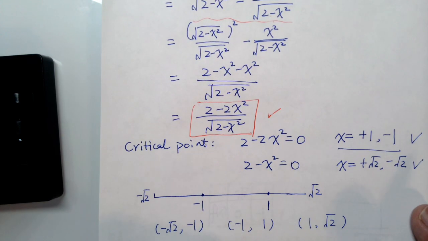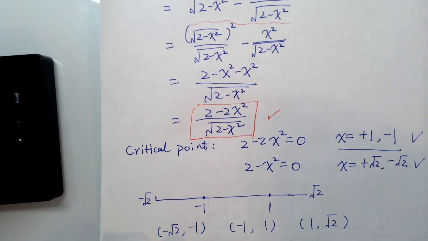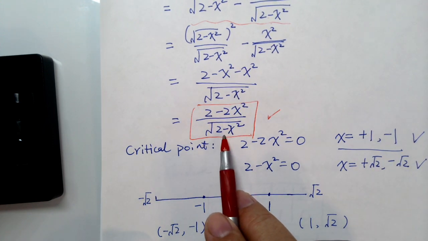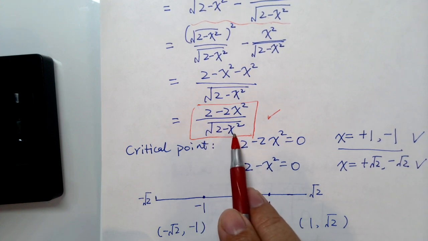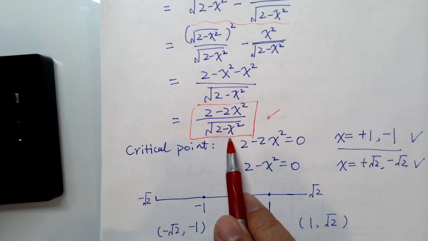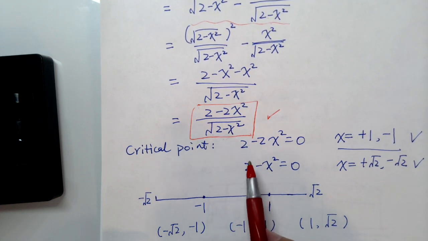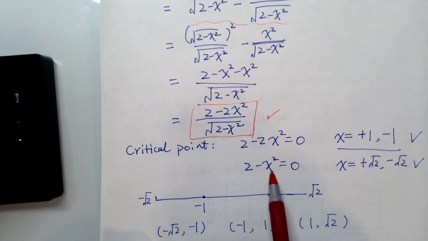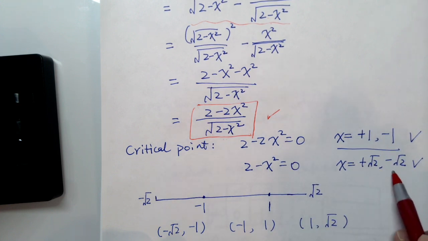As I mentioned, the expression is rational, and then you need to calculate the values of x which can make the denominator equal 0. That is 2 minus x squared equals 0. You got square root of 2 and negative square root of 2.